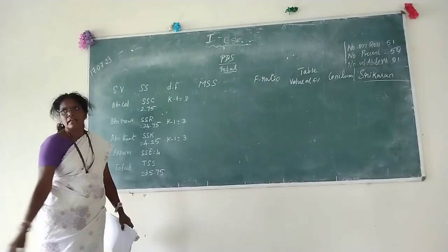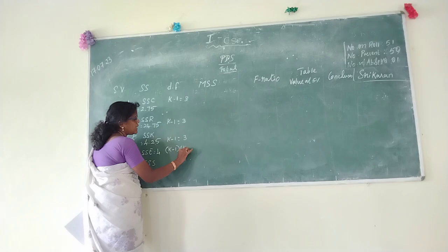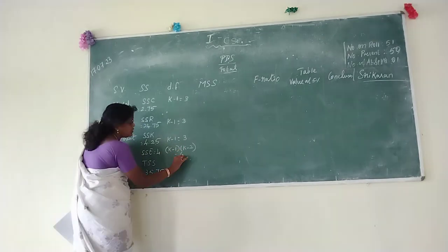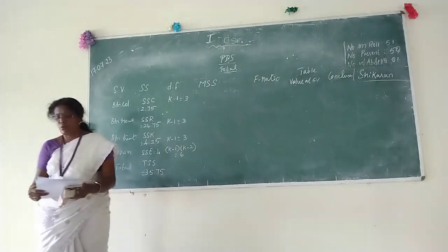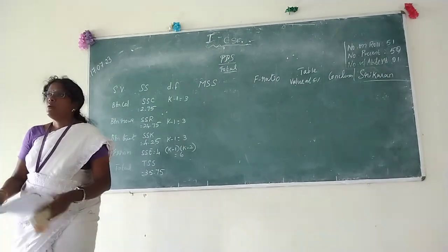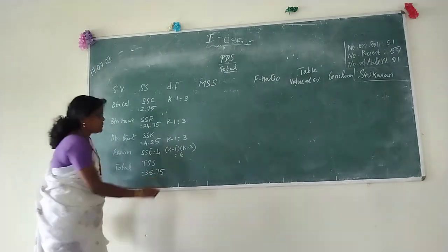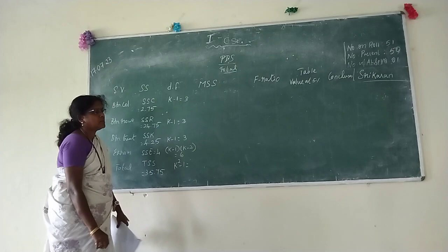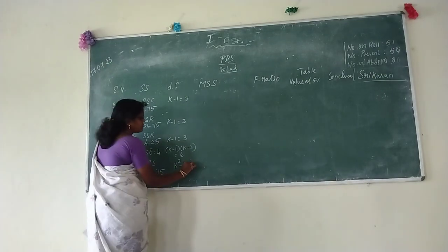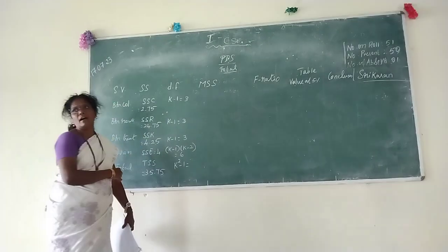For error, the degrees of freedom is K minus 1 into K minus 2, which will be equal to 6. Be careful, K equal to 4. What is the total degrees of freedom now? K square minus 1. What is K square minus 1? 8.